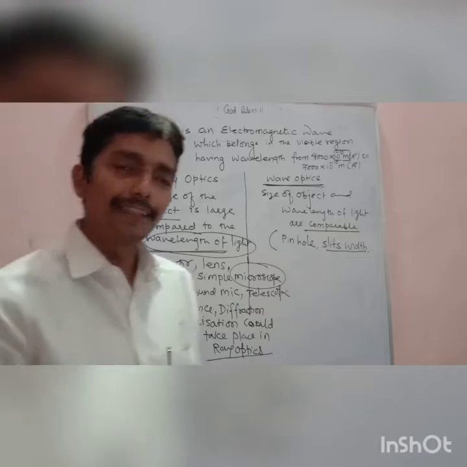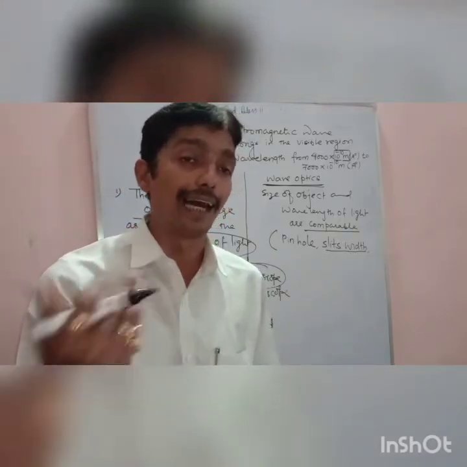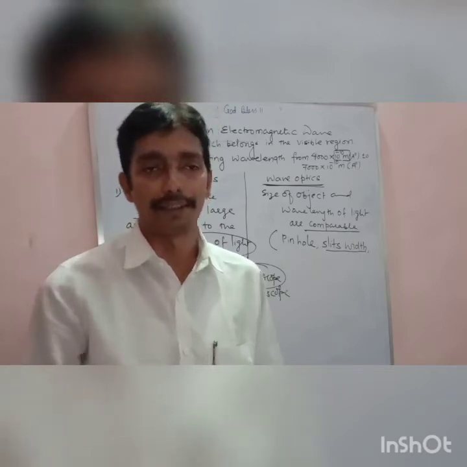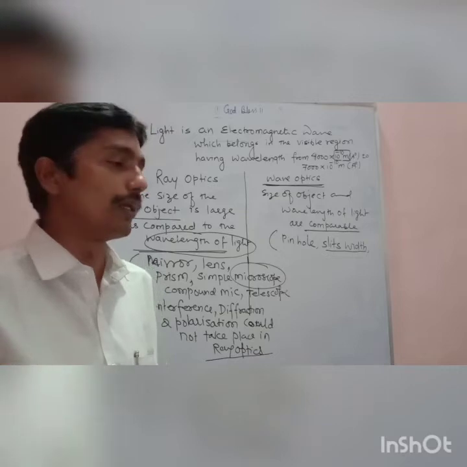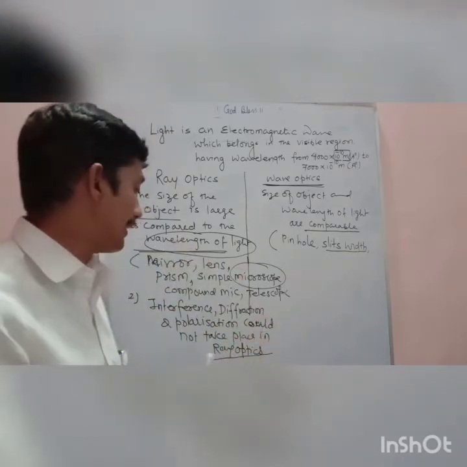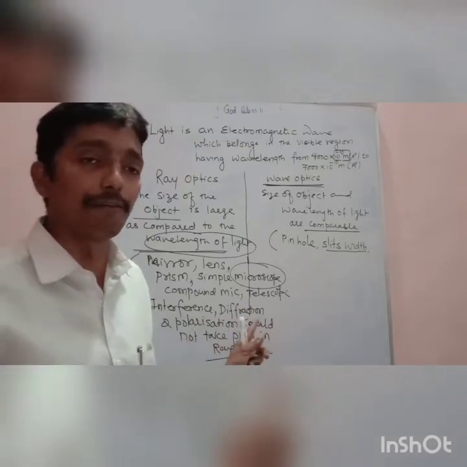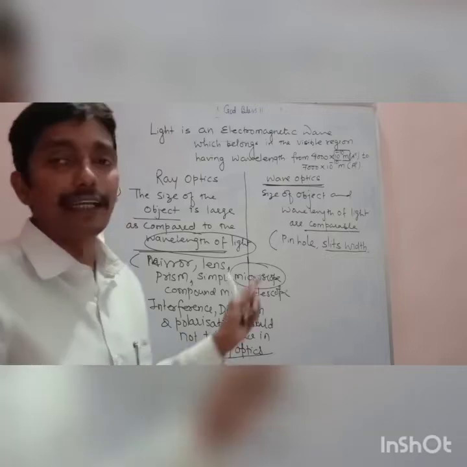And do you know why it cannot take place in ray optics? Because the size of the objects is large as compared to the wavelength of light. Or you can say the wavelength of light is very small as compared to the size of the object, and because of that, my dear, I cannot explain the phenomena of interference, diffraction or polarization in this topic.